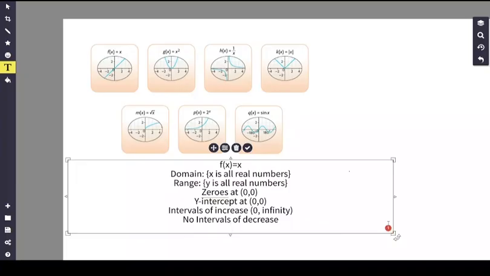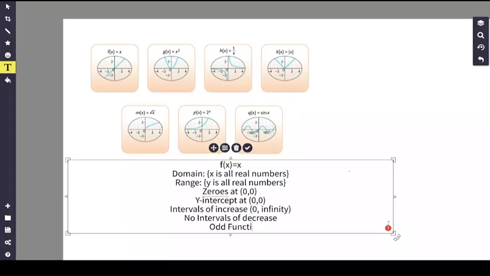For an odd function, we have a formula: f of x is equal to negative f of negative x. In our case, let's say f of 1 is just 1. And then negative f of negative 1: f of negative 1 is negative 1, and then negative of that is just 1. Because this satisfies the odd function formula, this is an odd function.